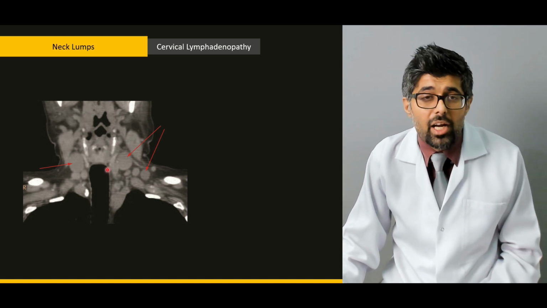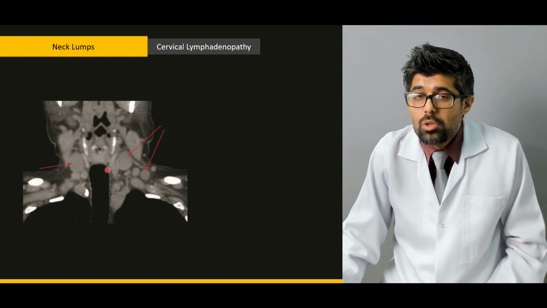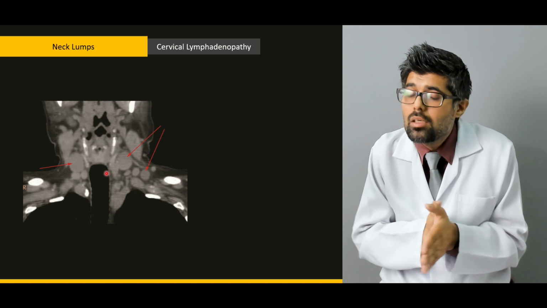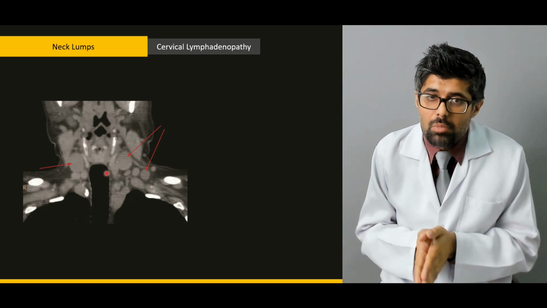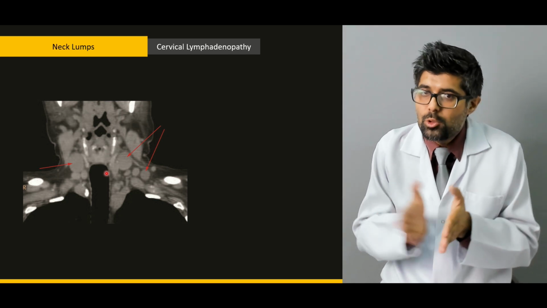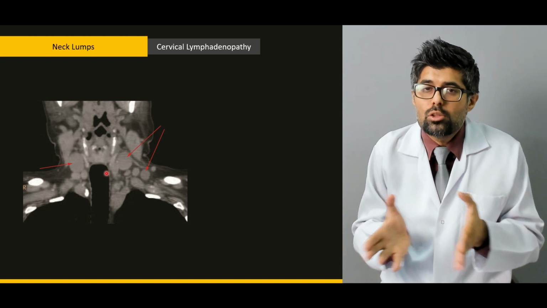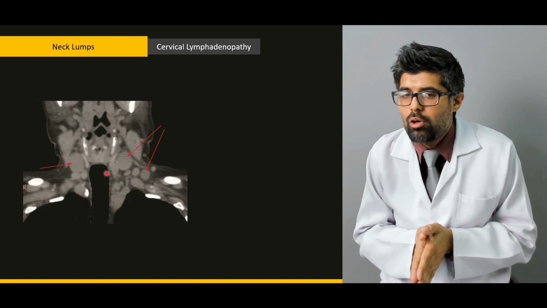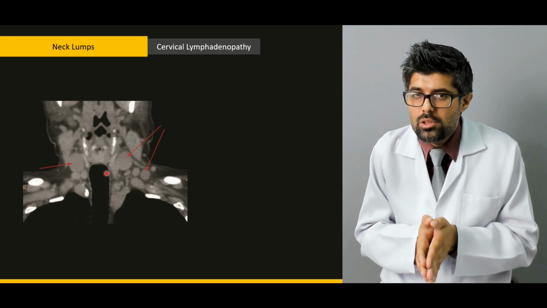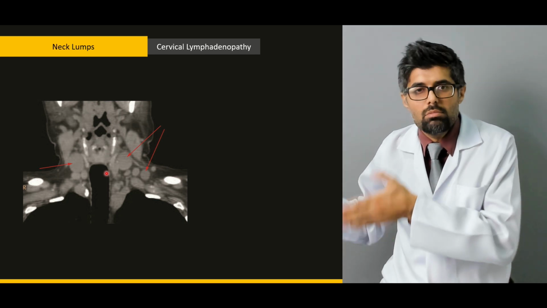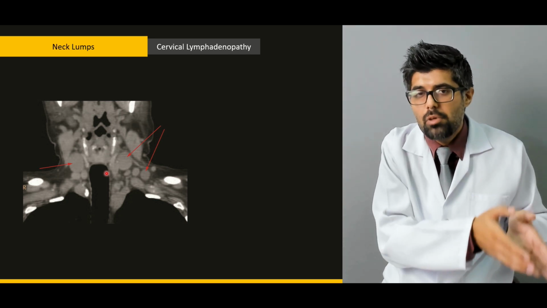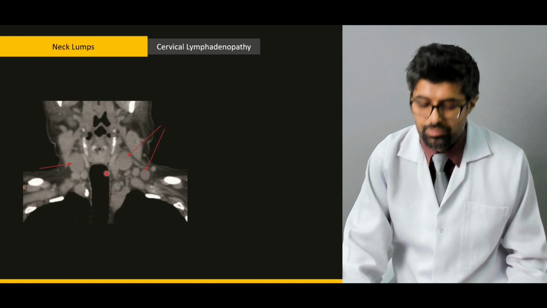They might be reactive, they might be tuberculous, they might be necrotic, or they might simply be due to metastasis. So some kind of investigation has to be performed on the lymph nodes. Usually it's again the FNAC and then the biopsy where we examine the tissue.